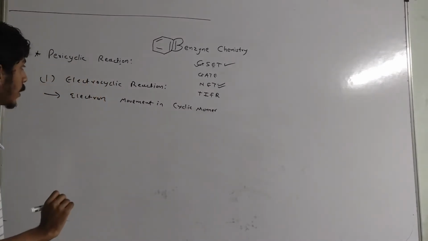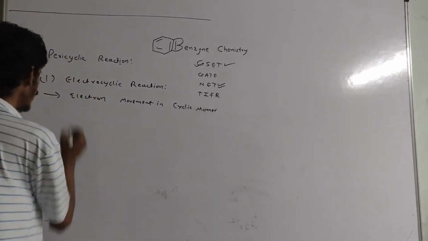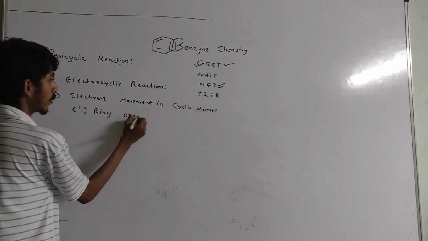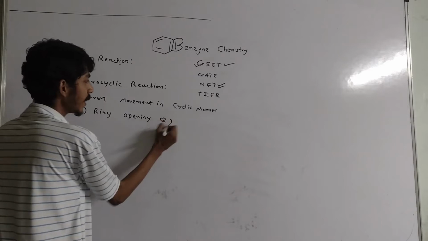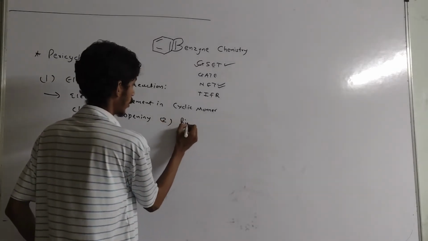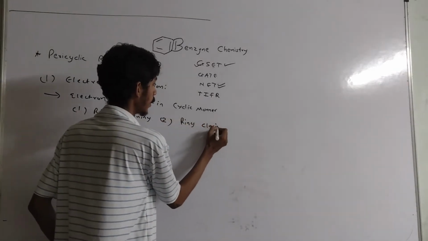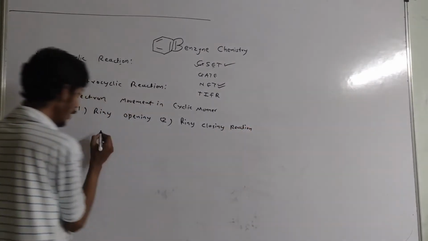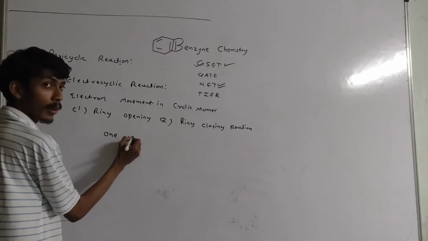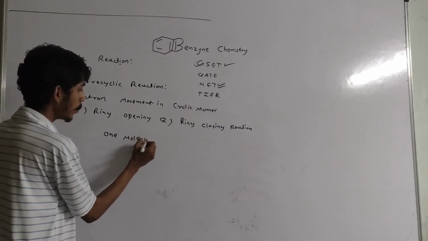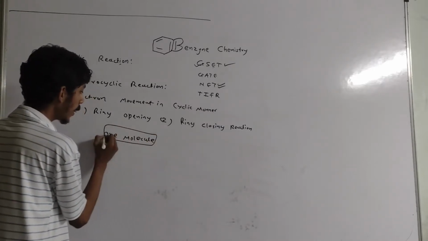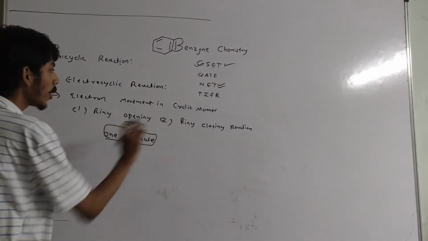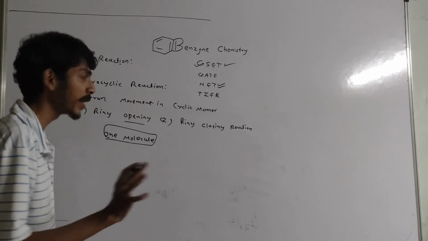There are two types of electrocyclic reaction: the ring opening reaction and the ring closing reaction. Only one molecule participates in the electrocyclic reaction, either undergoing ring opening or undergoing ring closing.